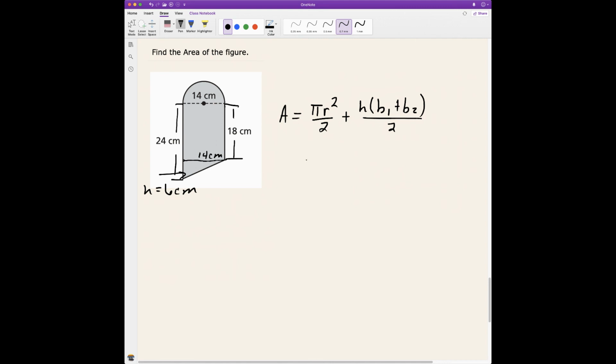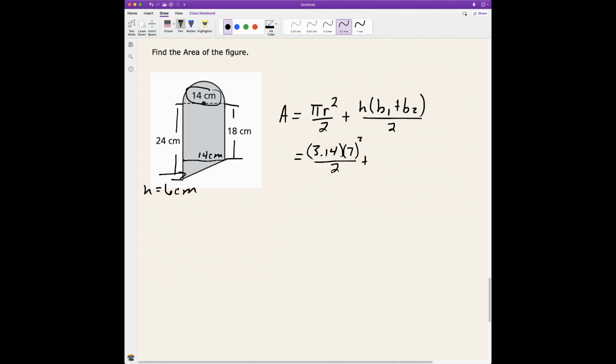Okay, so let's fill these numbers in. All right, so pi is 3.14 times the radius of my semicircle. Well, the diameter of my circle, which this semicircle would be part of, is 14. So my radius has to be 7. And I want to square that over 2 plus the height of my trapezoid.